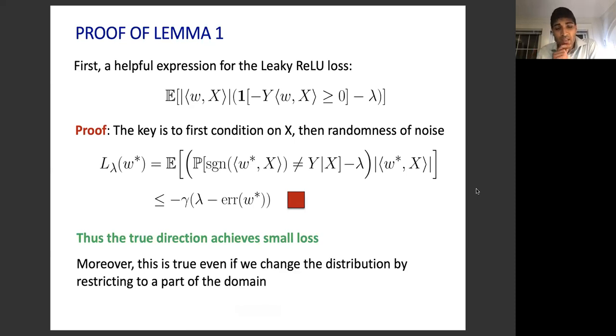And what I claim is that in the zero-sum game, even if the max player is allowed to focus in on some region of the domain, this lemma is still true, even if we look at the conditional distribution on that region. All we used was the fact that at every data point across the entire domain, doesn't matter how we restrict the distribution, its flip probability of adding noise is at most eta of x.